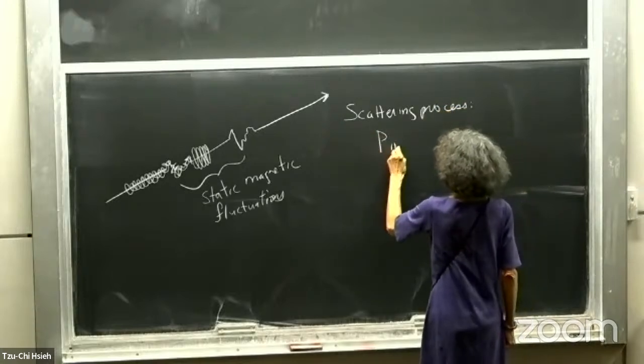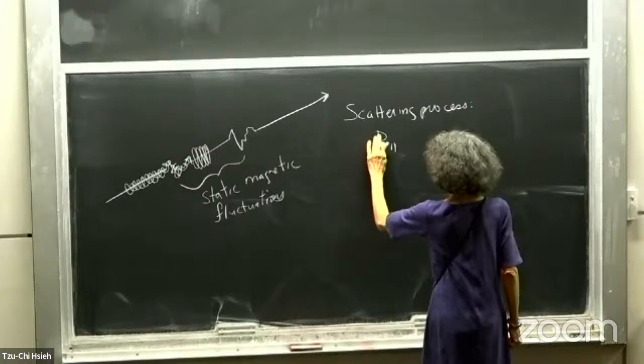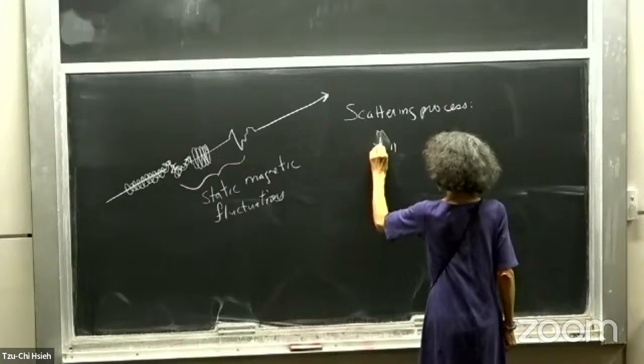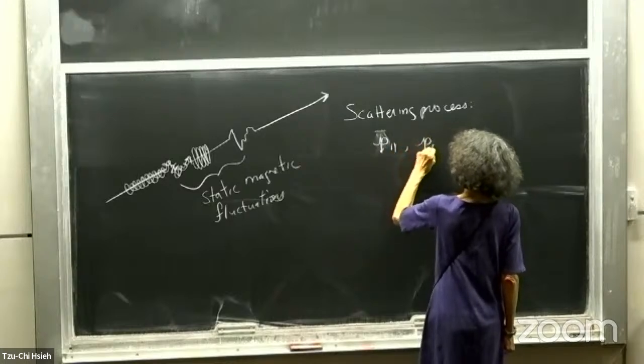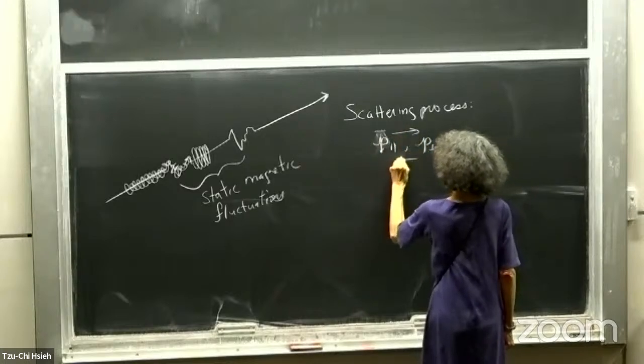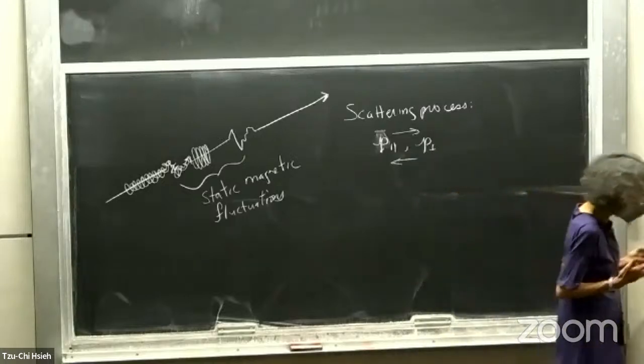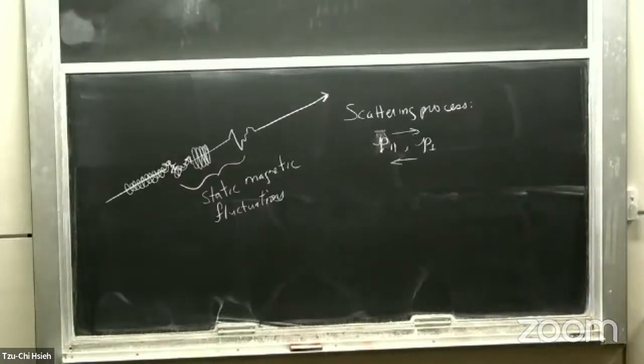where P parallel, so now these are lowercase, this is not a pressure, this is a momentum. P parallel and P perp can change roles. And since conservation of momentum is component by component, if the parallel momentum changes, that parallel momentum must be taken up somewhere.